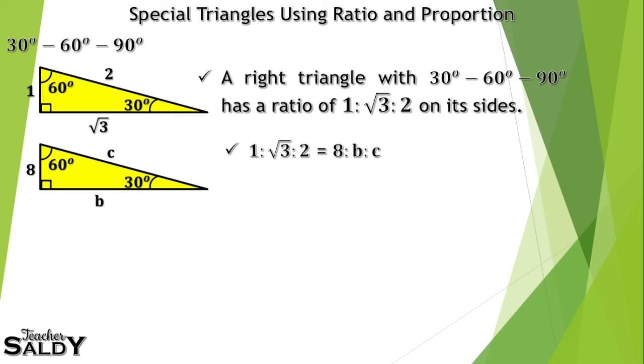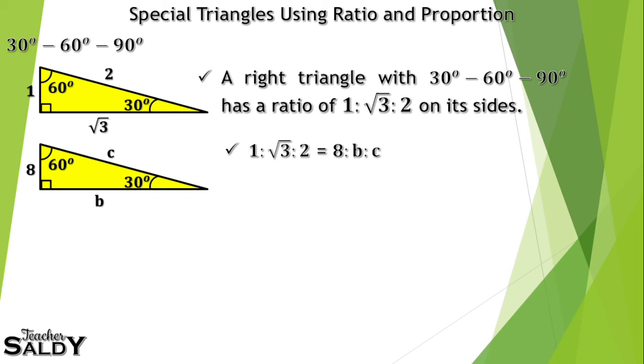So, we get the ratio of the triangle, which is 1 is to square root of 3 is to 2, which is equal to 1 is the smallest side. So, that's A, or the height. So, that's 8 is to B is to C.